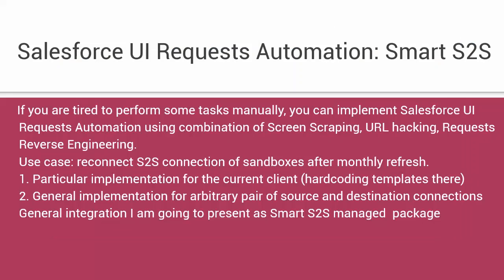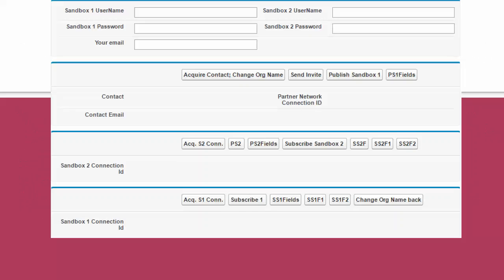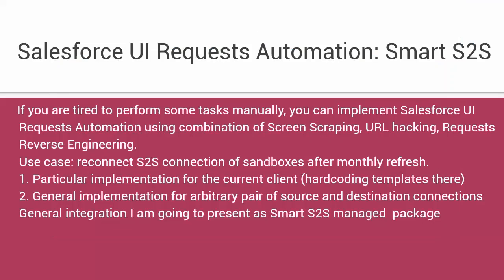You actually cannot see it, but there are hard-coded templates there, so I just hard-coded the field values which need to be calculated, and I have some custom buttons to make the integration. Also, you can implement a general implementation for an arbitrary pair of source and destination connections.